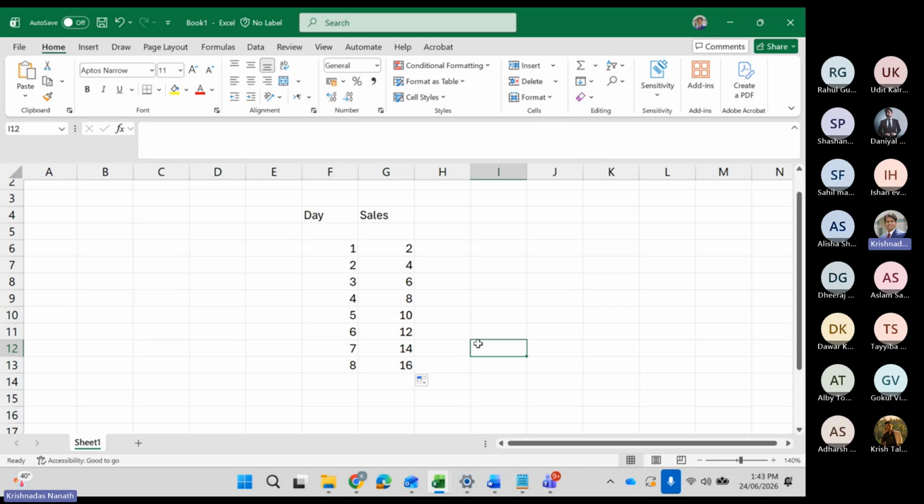Let's assume the day is represented as X and sales is represented as Y. Did you draw a relationship between X and Y? What was that relationship? Y is 2 times of X, right? Which means put any value of X, double it, you will get the value of Y.